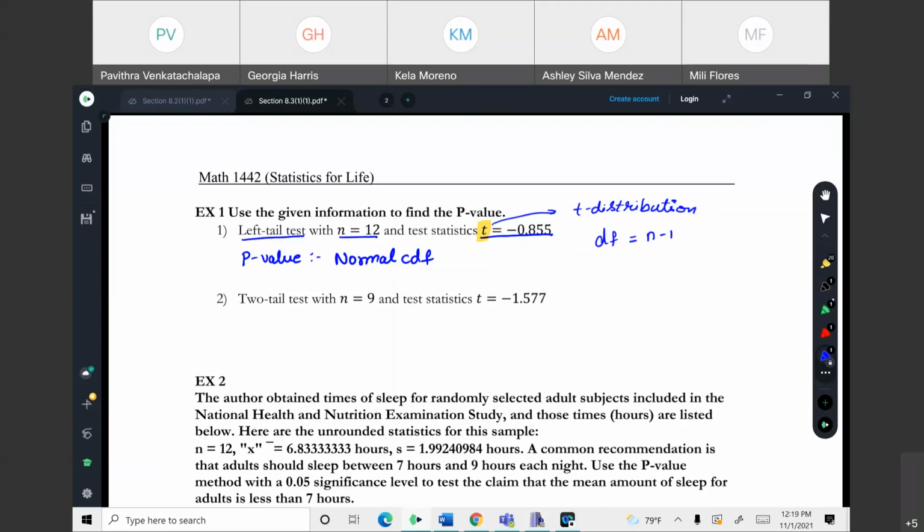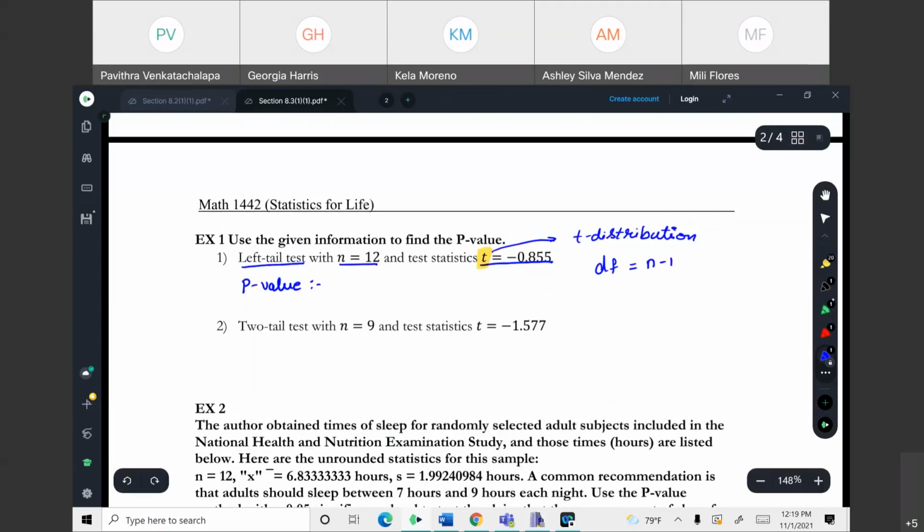Okay. Now to find the area, to find the p-value when t distribution is given, you can use TCDF in your TI-83. That will be second vars, and there you will find TCDF, and then you can substitute as minus 999, minus 0.855 will be your t value, comma 11.